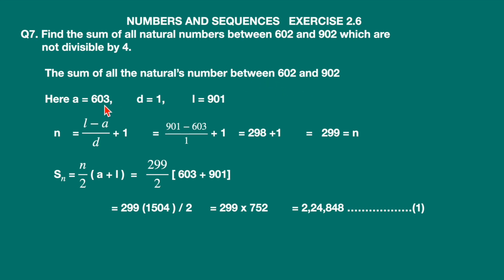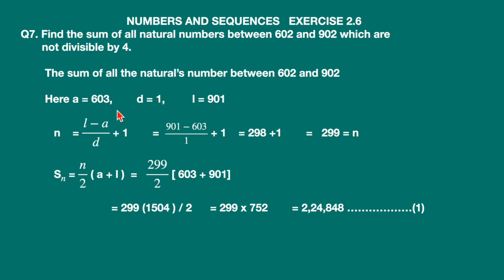We are going to consider all natural numbers, so the next number will be 604. 604 minus 603 is 1, so the common difference is 1. The last number will be 901. We will not consider 902. 901 is the last term.